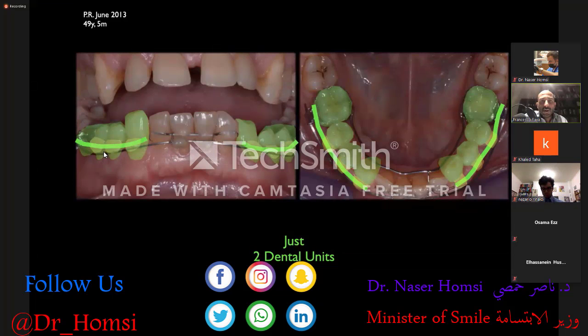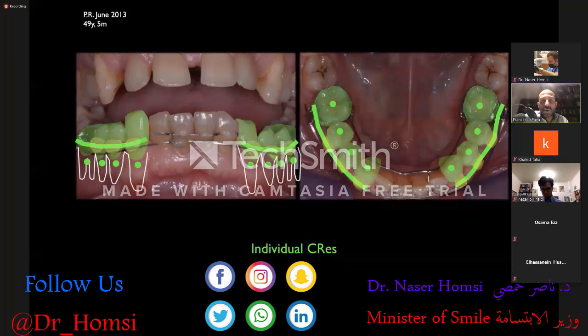And here we can observe just two dental units: an anterior block consisting of the lower incisors, and a posterior block in which the posterior regions are rigidly connected together.